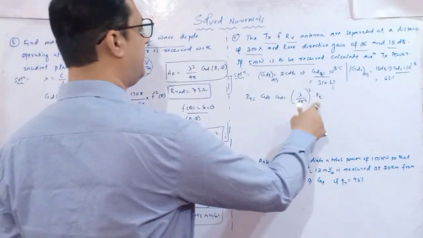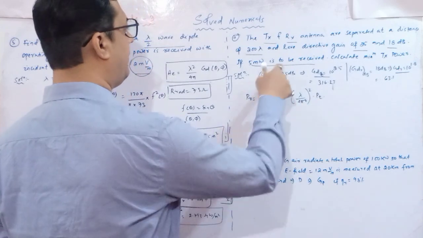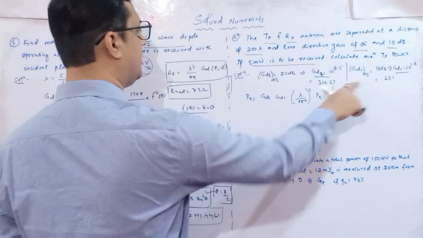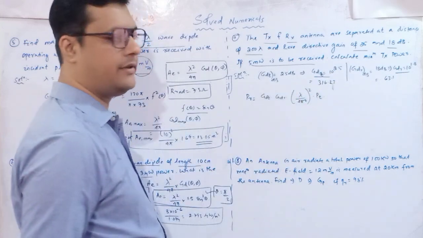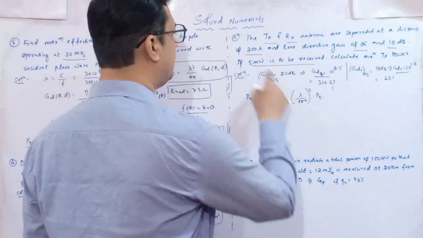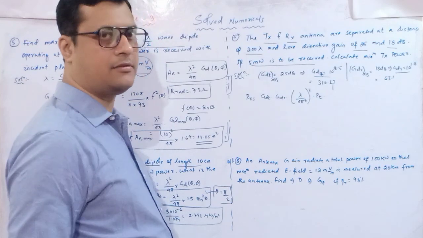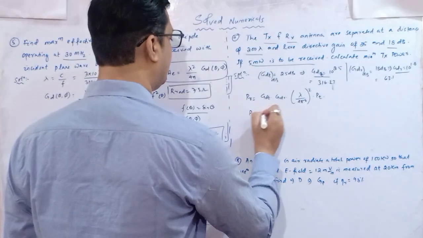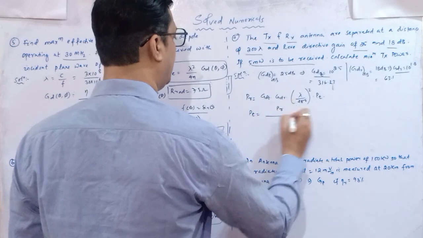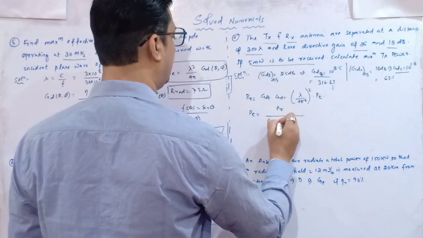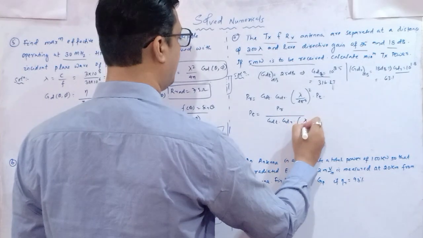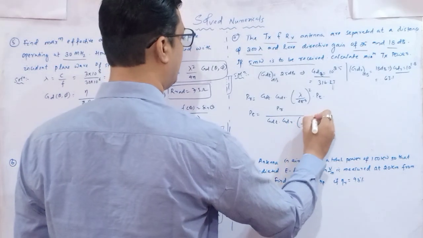So transmitted power we have to determine. Received power is given as 5 milliwatt. GDT is given, GDR is given. Lambda we can also handle, since r is equal to 200 lambda, so lambda will be cancelled out. So my PT is equal to power received divided by GDT GDR into lambda divided by 4 pi r, whole square.